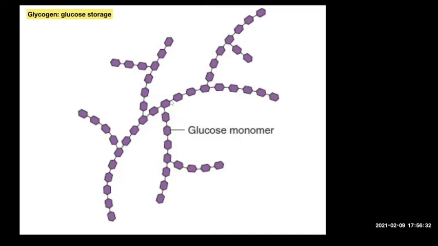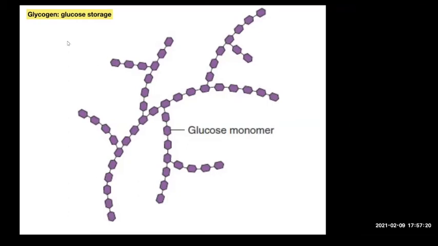And that's just a string in this branched form of glucose molecules, a bunch of glucose monomers all branched. This is how we store our excess glucose. Just like plants make glucose monomers into starch, a very similar form is this glycogen. It's a little bit different, but basically the same thing. This is how animals and humans store glucose.